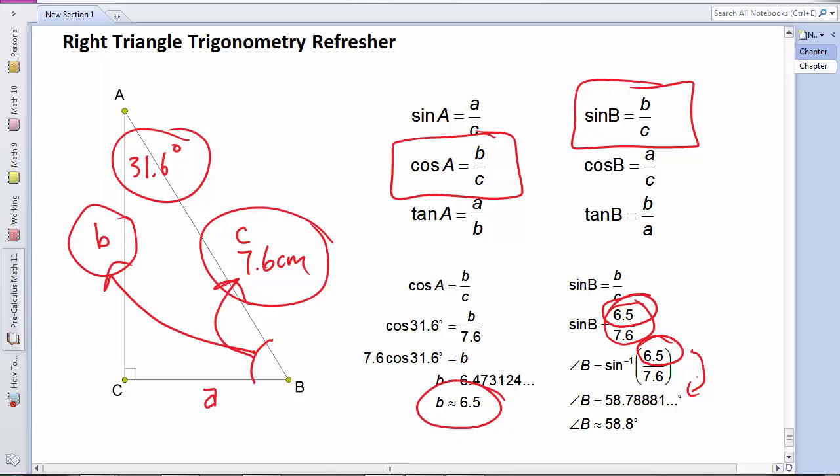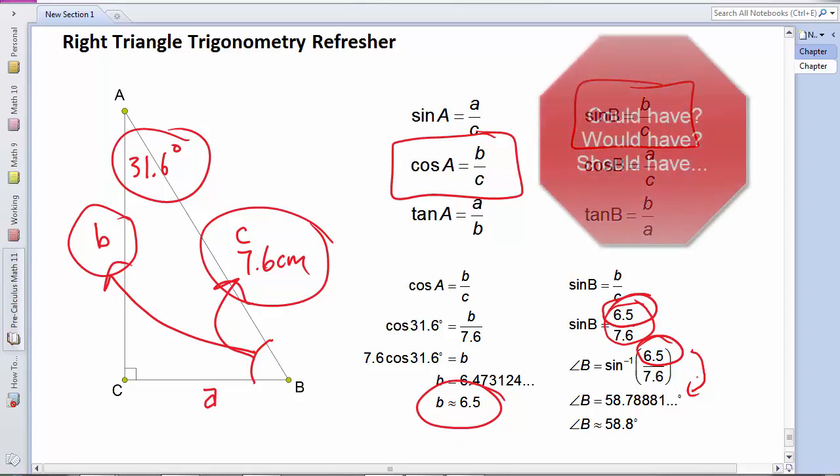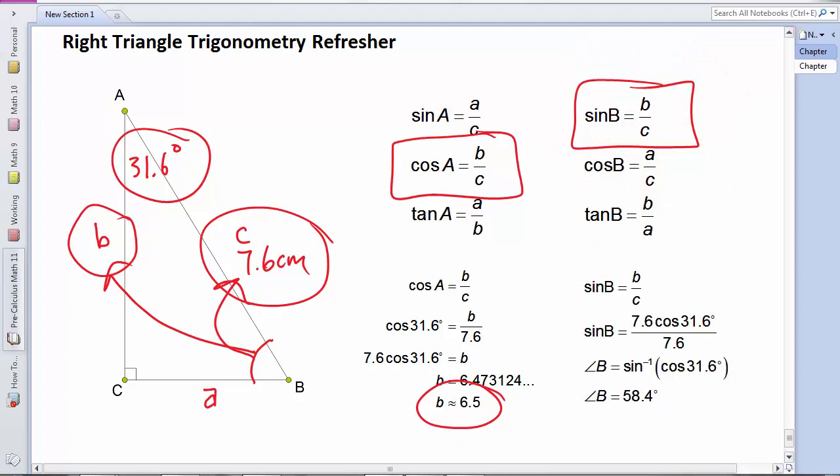So here's something we could have done that would have been slightly better. I'm going to get rid of all of this first. Instead of using 6.5, I'm going to take the calculation that we used to get 6.5.